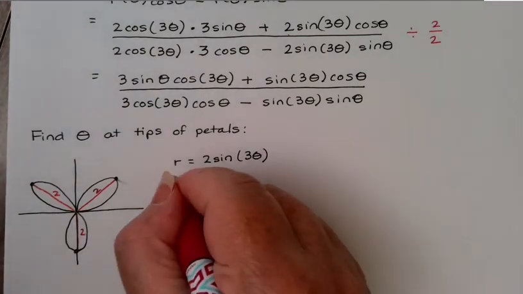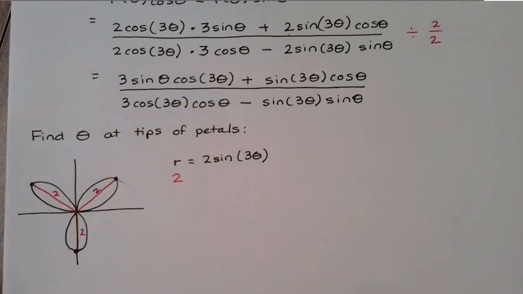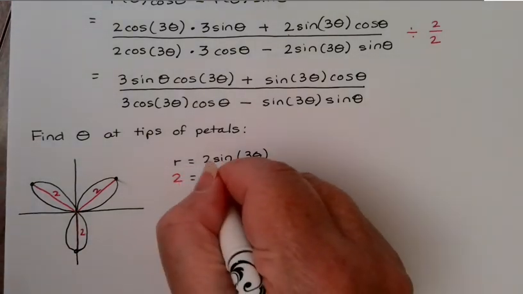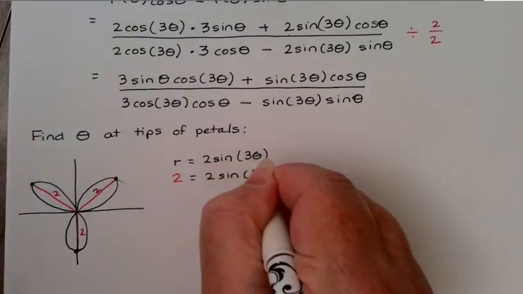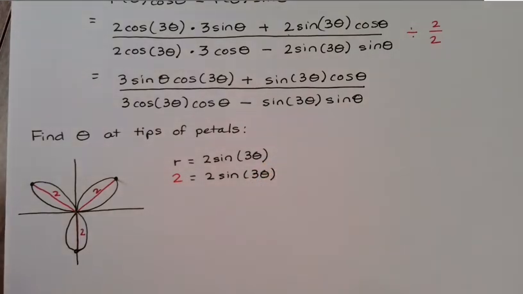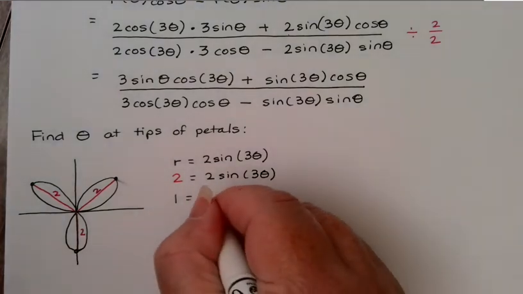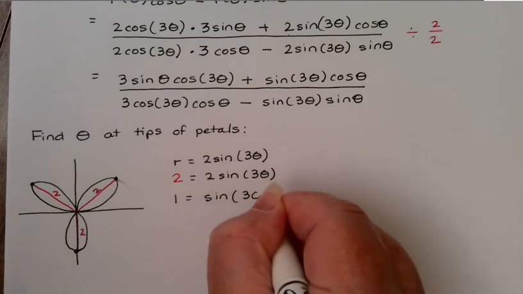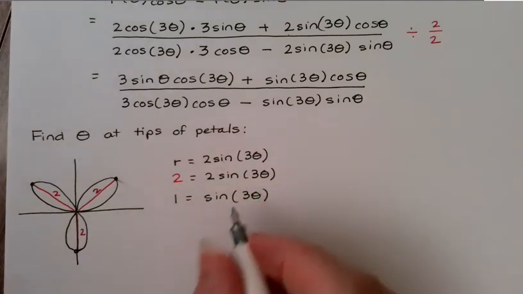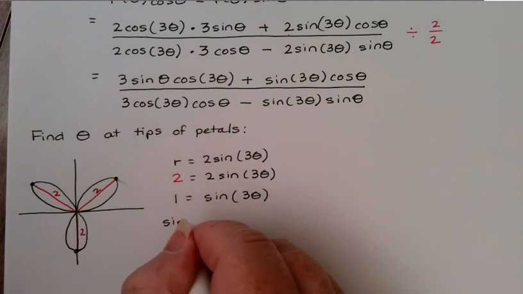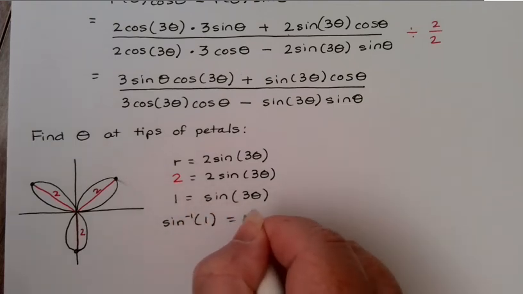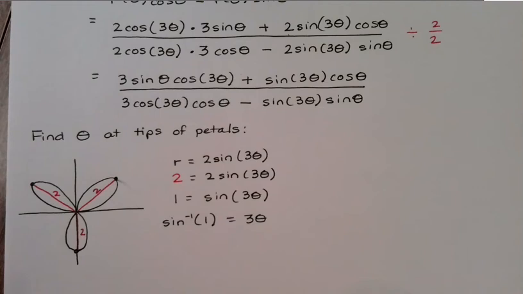So if I substitute the 2 in for the r, 2 is equal to 2 sine 3 theta, and solve that equation for theta, it should give me the theta values that I need to plug in here, specifically the theta values at the tips of the petals. Dividing out the 2, 1 is equal to sine 3 theta, and so the inverse sine of 1 would equal 3 theta.